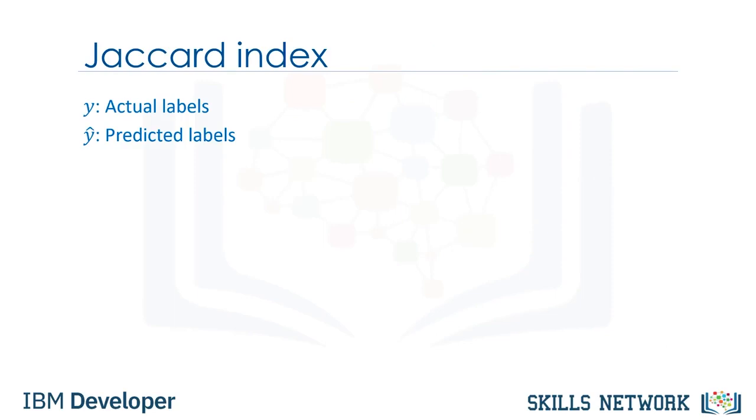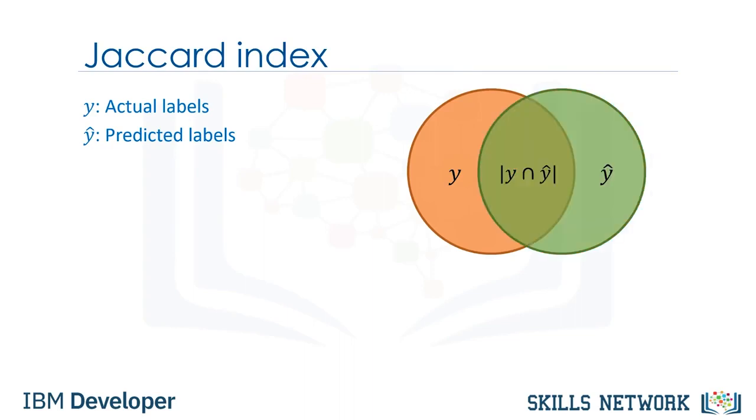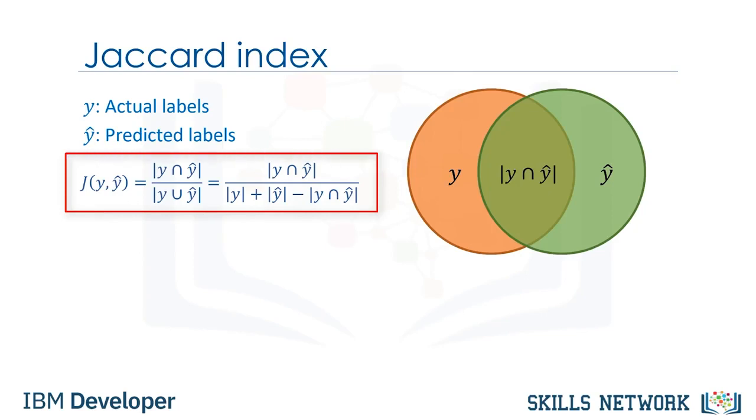Let's first look at one of the simplest accuracy measurements, the Jaccard Index, also known as the Jaccard Similarity Coefficient. Let's say y shows the true labels of the churn dataset, and y hat shows the predicted values by our classifier. Then we can define Jaccard as the size of the intersection divided by the size of the union of 2 label sets.